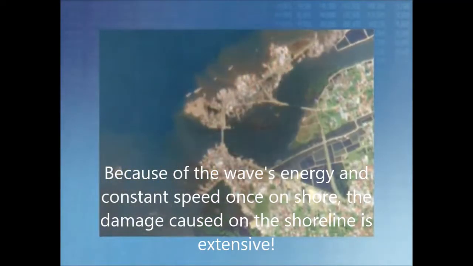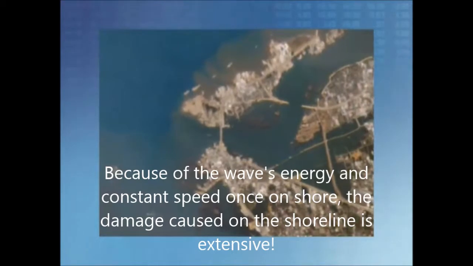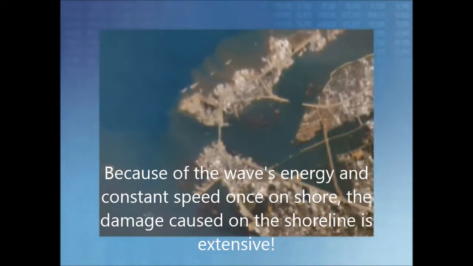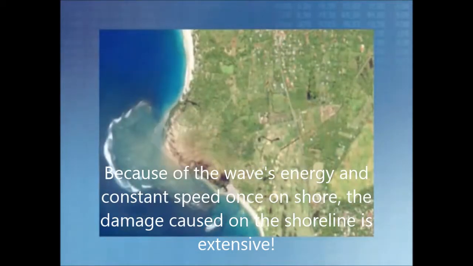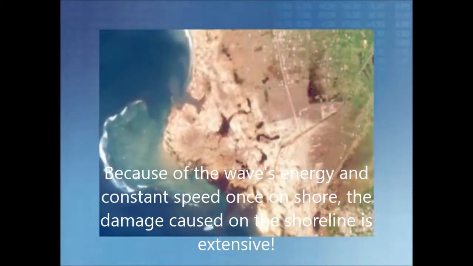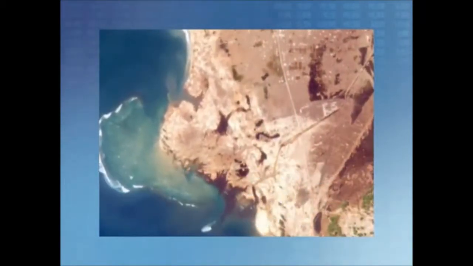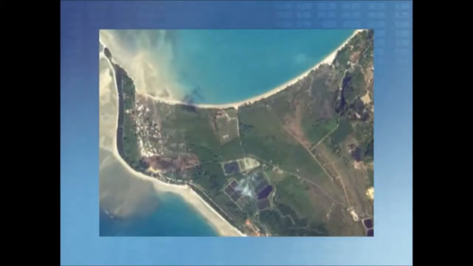Once it gets on shore, the damage caused to the shoreline is absolutely extensive. And a tsunami doesn't need long to make a devastating impact. Take a look at this video and I'll show you how far it goes inland.